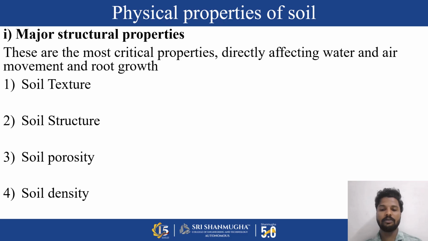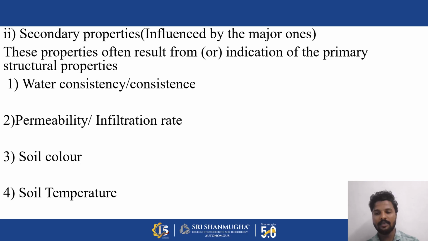So in the next slide we're going to see the secondary properties. As I said, secondary properties are majorly influenced by major structural properties, which we saw in the previous slide. These properties often result from or are an indication of the primary structural properties.